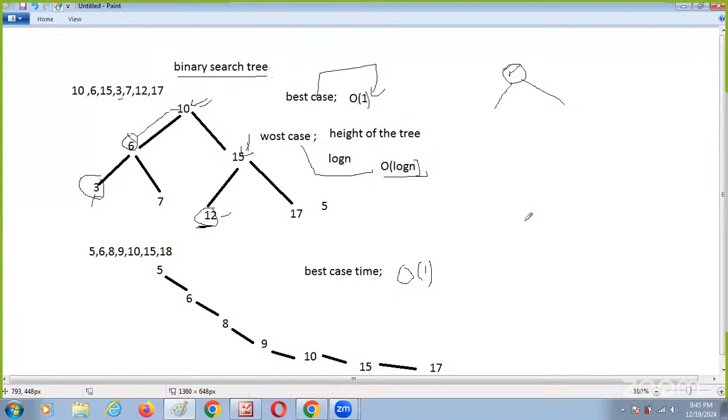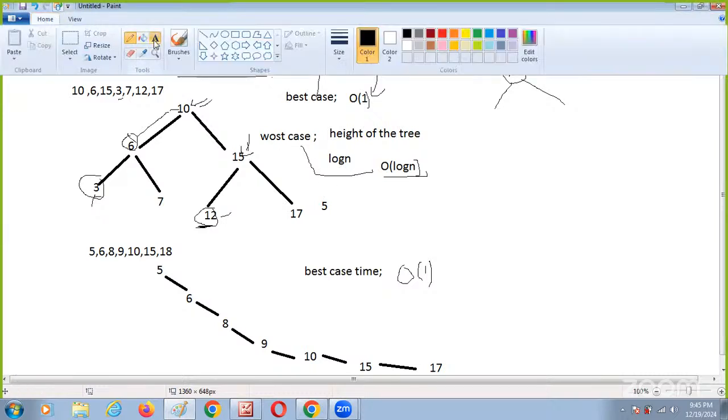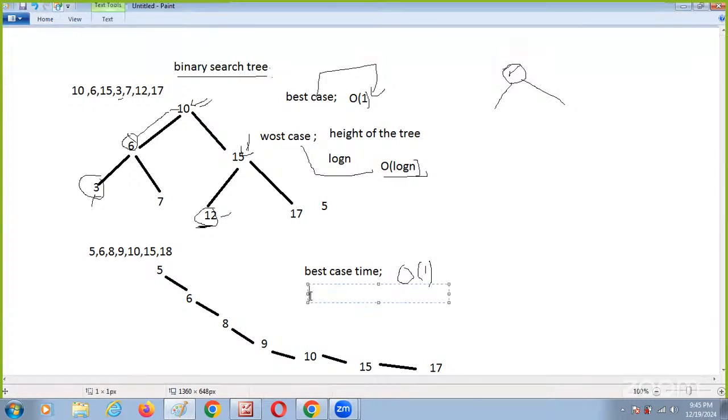Okay. Suppose I want the worst case time complexity. Can anyone tell me, what is the worst case time complexity of this binary search tree? In general, what is the worst case time complexity of this one?